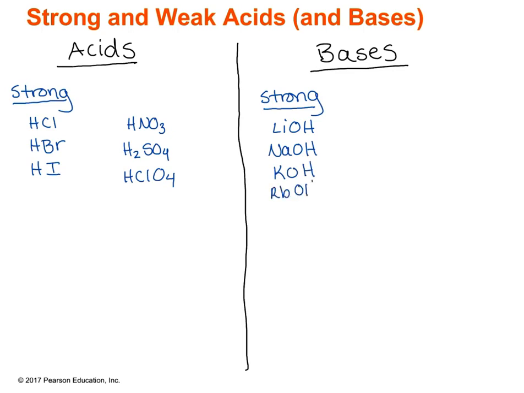So even rubidium hydroxide and cesium hydroxide are considered strong bases. And then with group 2 metals, calcium hydroxide is strong, strontium hydroxide, and barium hydroxide are all considered strong bases.